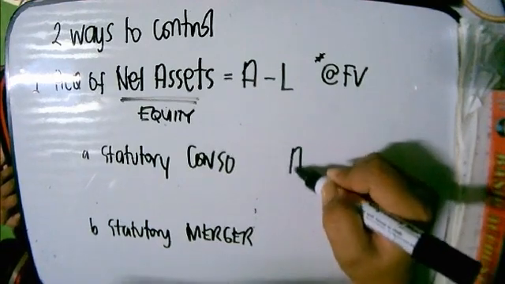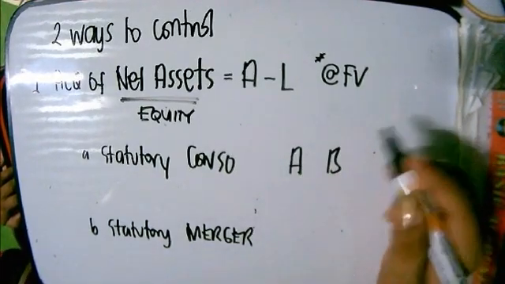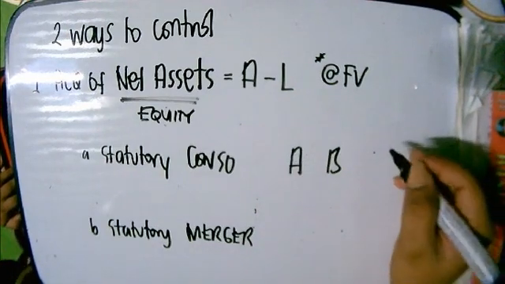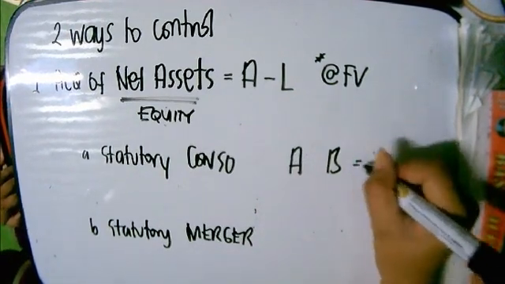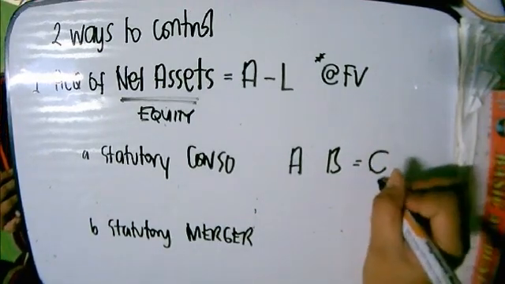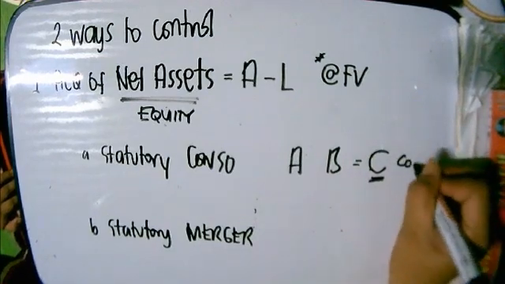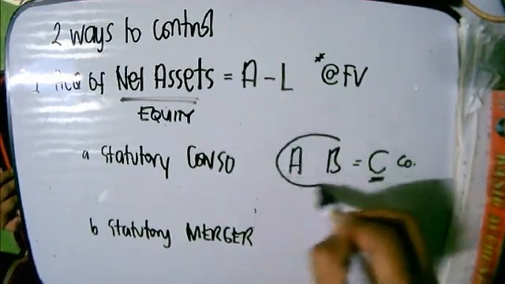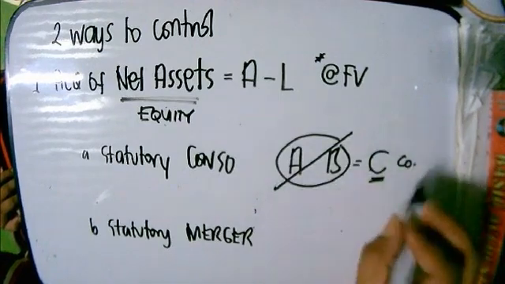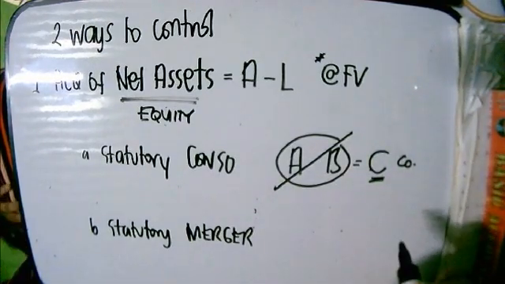For example, si A and si B, magko-combine sila. Kapag nag-combine sila, magkakaroon ng new legal entity. For example, ang name ng company nila is C Company. So, mawawala itong si A and si B, magkakaroon ng bago or tawag ito, new legal entity.